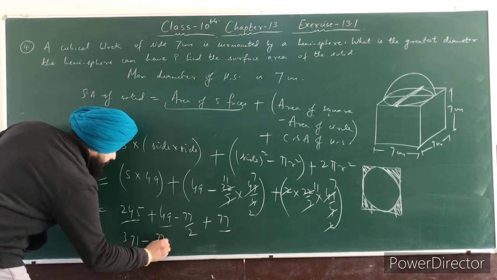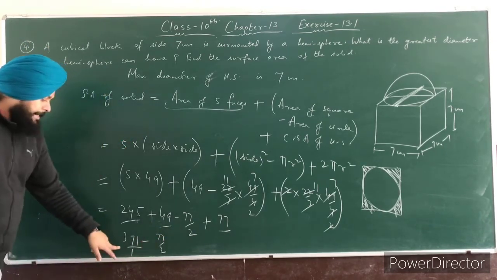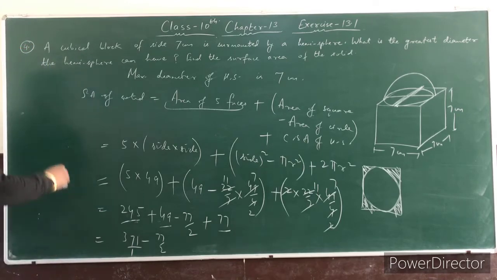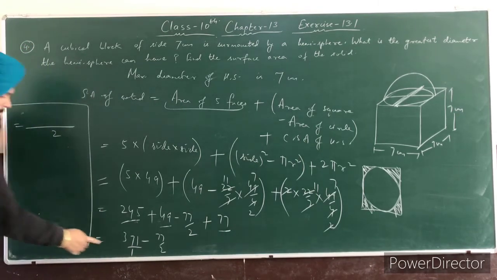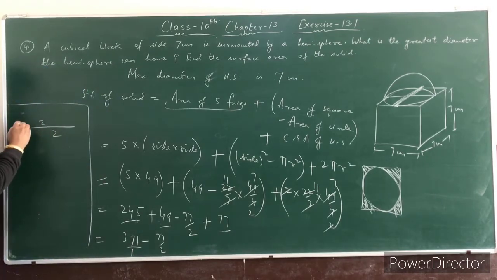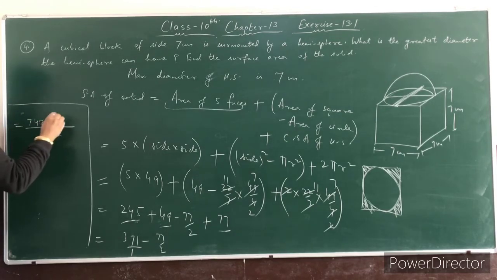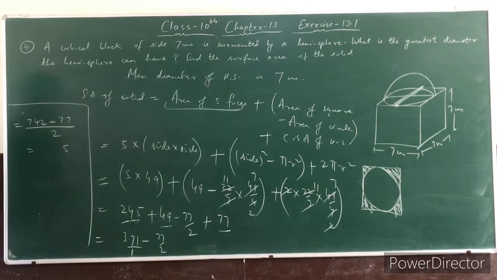Minus 77/2. Now you should take LCM. LCM is how much? LCM is 2. Now 2 ones are 2. 2 sevens are 14. 2 3s are 6 plus 1, 7. Minus 77. 12 minus 7 is 5. 13 minus 7, it is 6. 665 over 2.